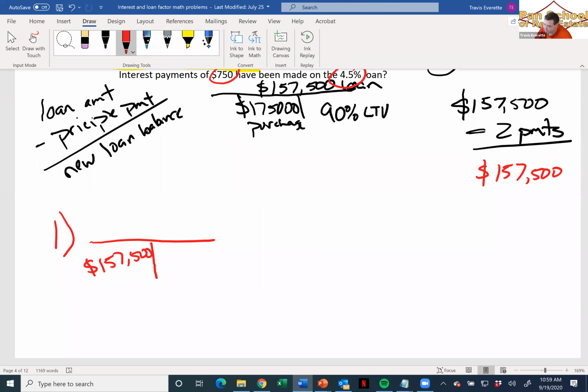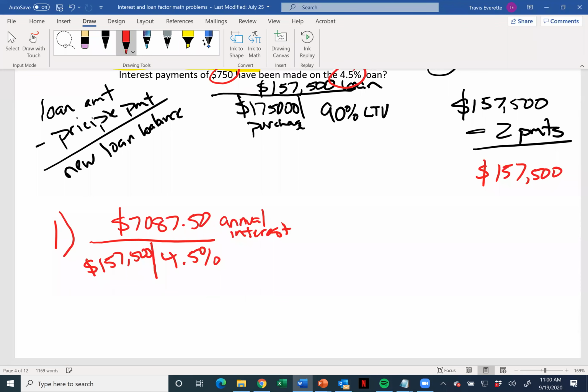All right, 157.5 for a loan balance, and at 4.5% annual interest, that's $7,087.50 in annual interest. But we make that payment monthly.